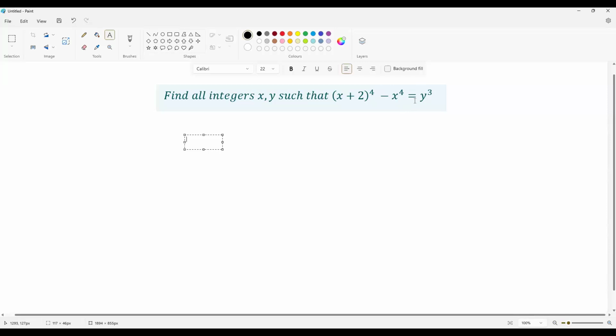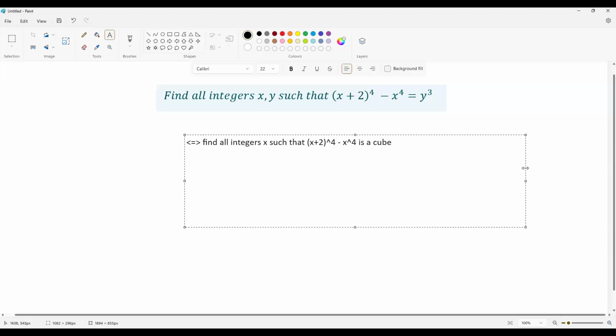You can reword this problem as: find all integers x such that (x plus 2) to the power 4 minus x to the power 4 is a cube. There's nothing really special about y.